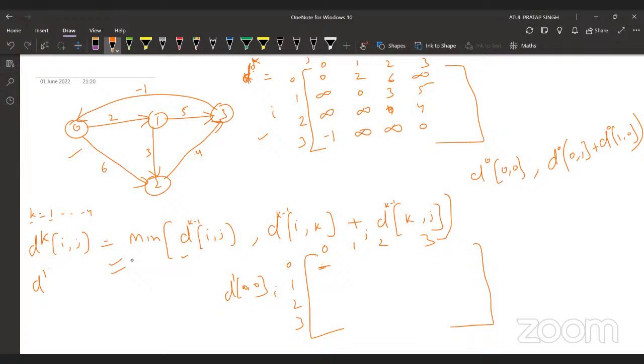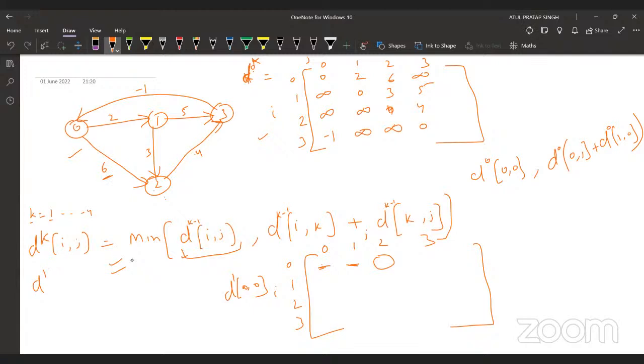So basically what we are doing in our graph, we are checking for 0 to 0, there's no meaning for this, and if we are calculating the distance for 0 to 1, this is also not a clear concept. So for example, if we are calculating the shortest distance for 0 to 2, for this position, first we will check whether there is any direct edge available from 0 to 2 using this value. So I to J directly, 0 to 2, what is the weight?